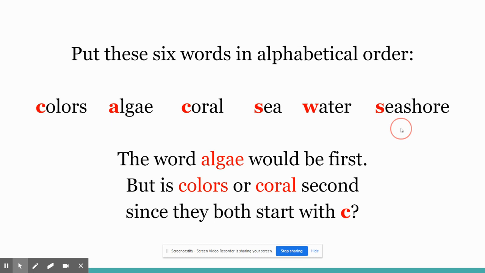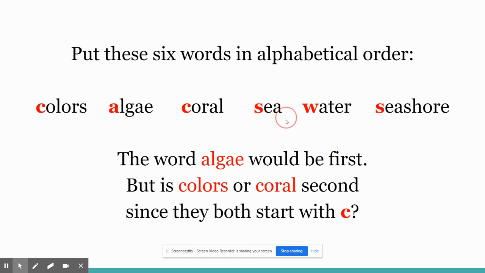So we have to move to the fourth letter. S-E-A. Oh, sea doesn't have a fourth letter. Let's try seashore. One, two, three. Oh, seashore's fourth letter is S. So seashore, fourth letter S. Sea, there is no fourth letter.